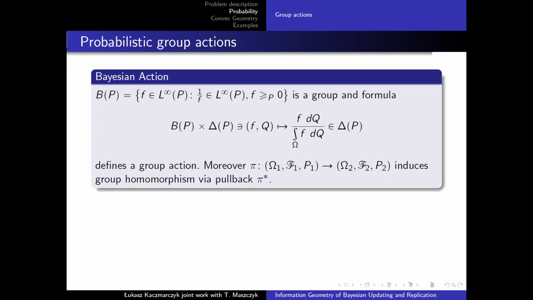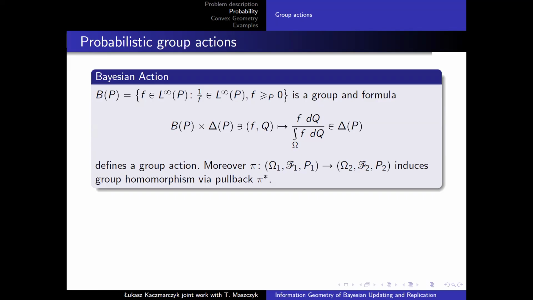And that acts on the probability measures via this formula. This is in fact a group action, and it is induced from the linear group action on finite measures. And when we restrict ourselves to probability measures, the nature of this action is projective, but for today it is more or less a fun fact.